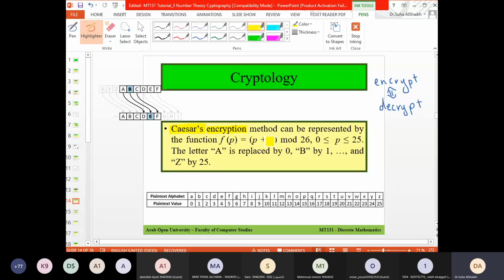The Caesar's encryption method means shifting each letter three letters forward. Each letter I will move 3 letters ahead.